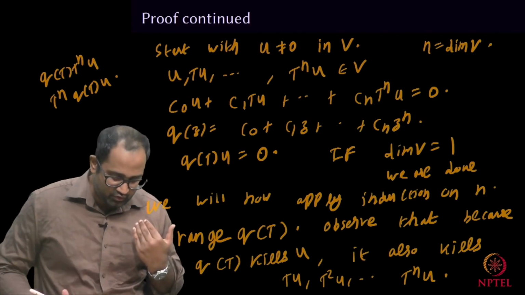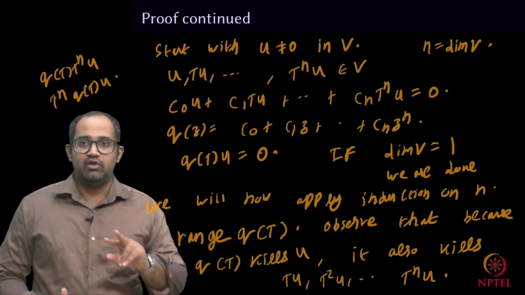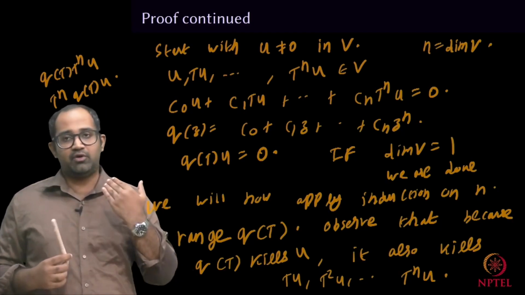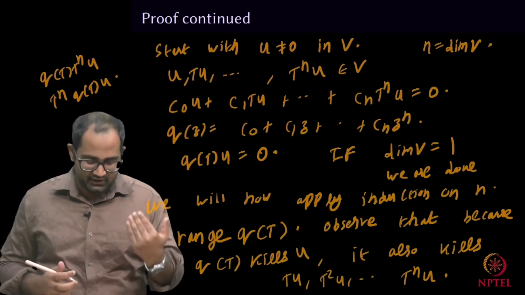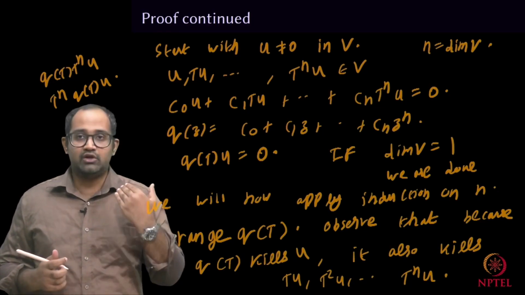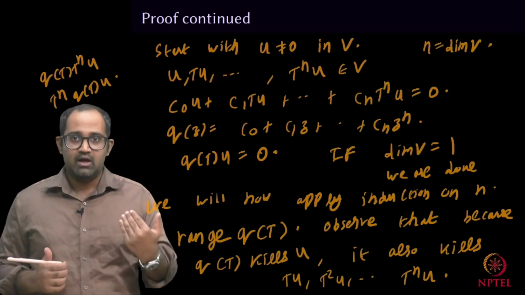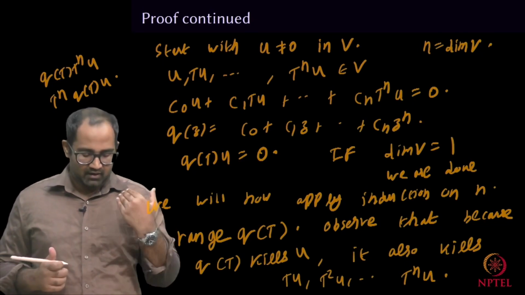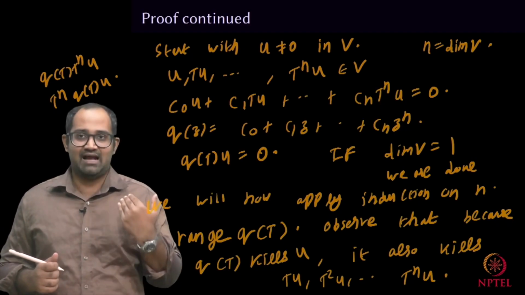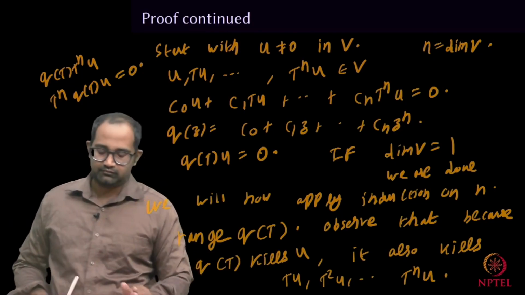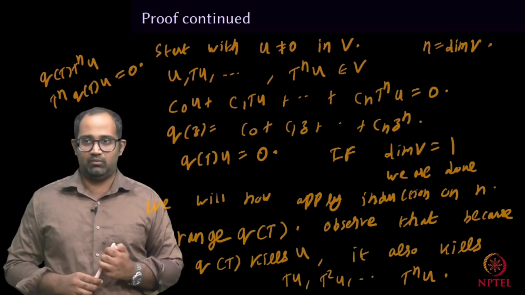So you can just switch it around, and t power n composed with q of t u is actually 0 because q of t u is 0. So this is 0.